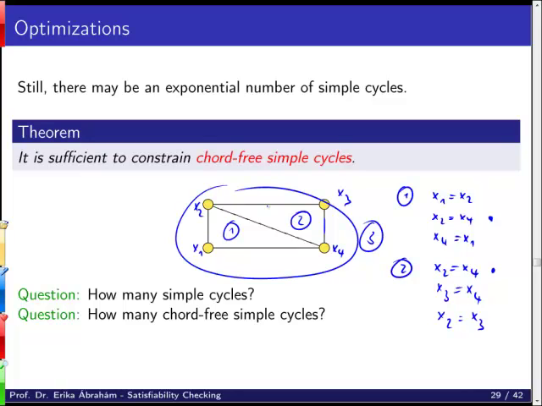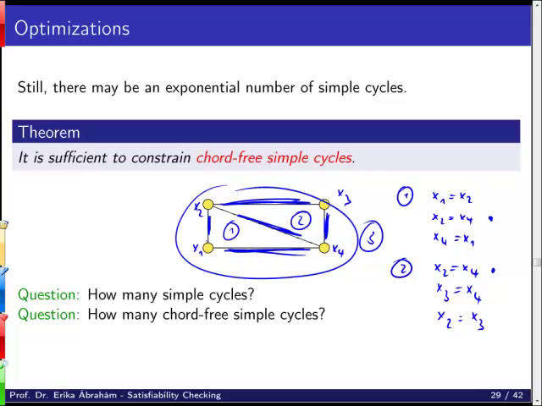For example, if I assume that these 3 hold, then I know by 2 that due to transitivity also this one holds, and by the encoding of 1, I know that also this holds.